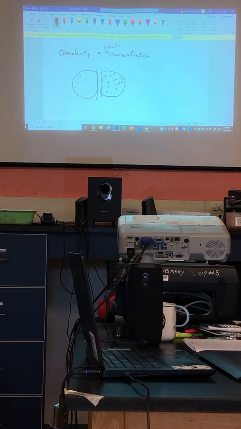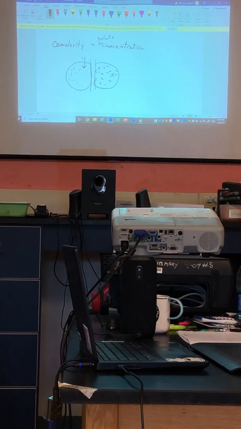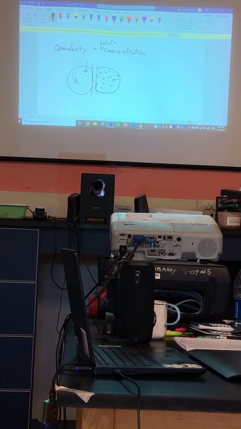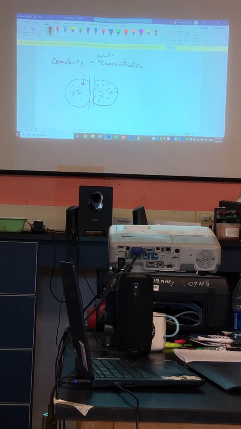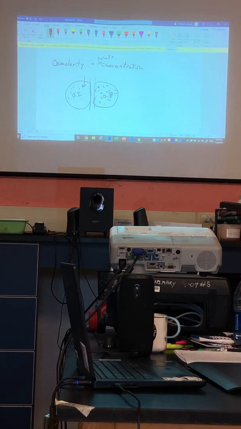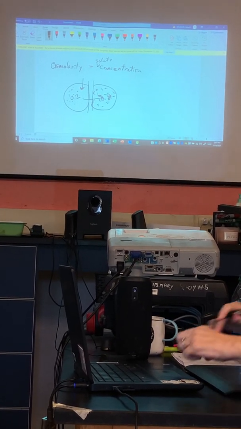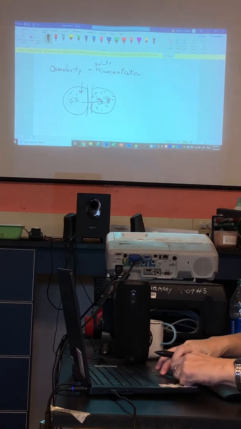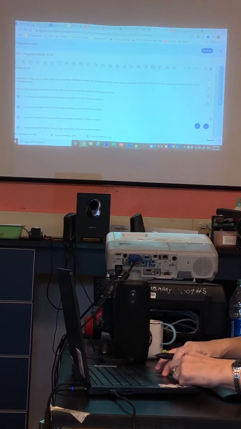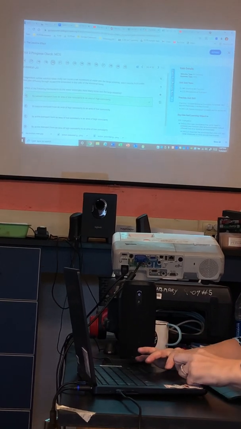Okay, the water will move from where it's high, right? So maybe the osmolarity is 0.2 over here and 0.8 over there. So there's less salt here and more here. The water will move that way, won't it? Yes. Okay. All right.